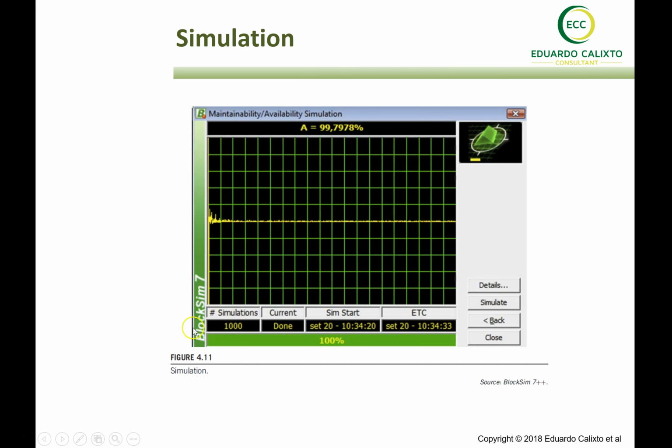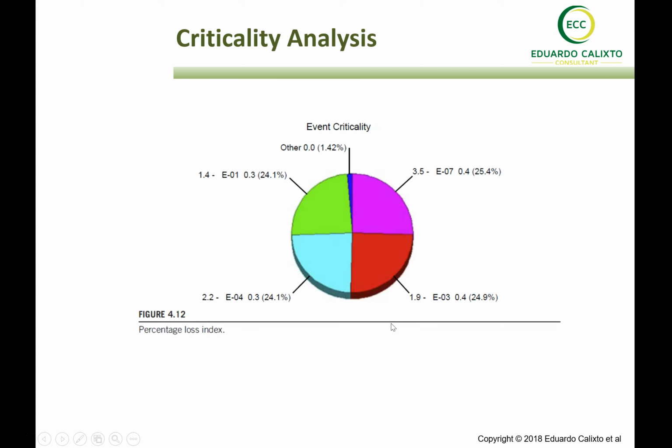These are the simulation templates that show the time during the simulation and how long it takes. And in the end, if you click on details, we get all the results.